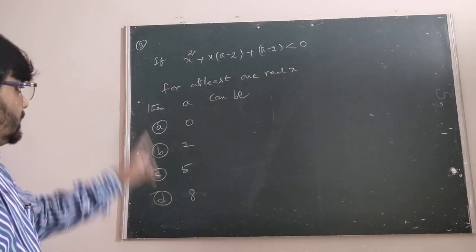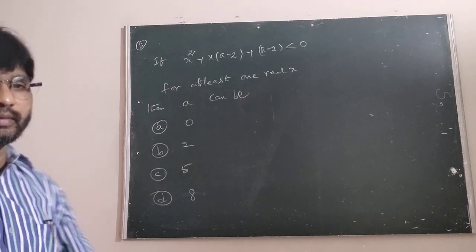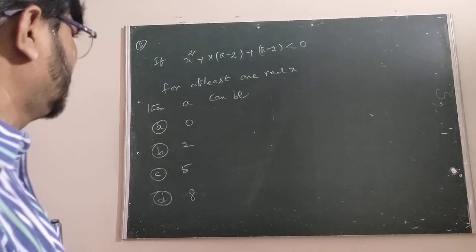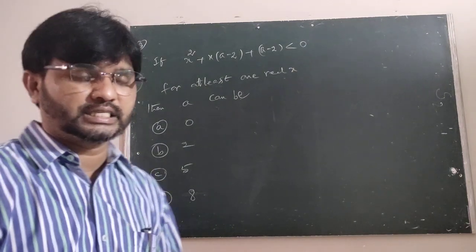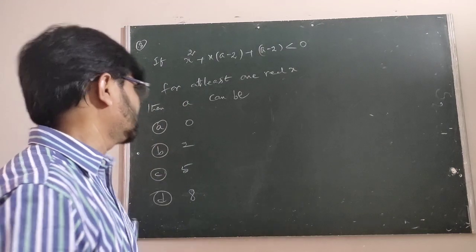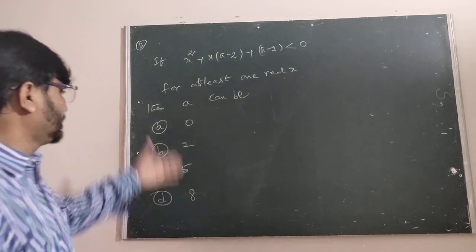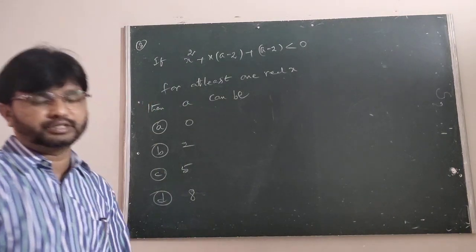So here, if x square plus x into (a minus 2) plus a minus 2 is less than 0 for at least one real x, then the value of a can be 0 or 2 or 5 or 8.